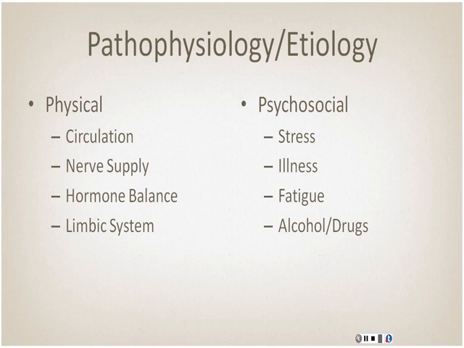There can also be a problem with hormone balance, with either decreased testosterone or decreased luteinizing hormone, or an increase in prolactin, which in large amounts can block testosterone. And then also there could be problems with the limbic system, which is the center of the brain that affects how we feel emotionally and definitely works to stimulate the desire for sex.